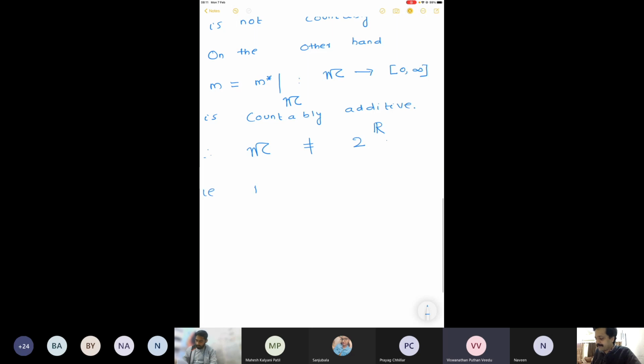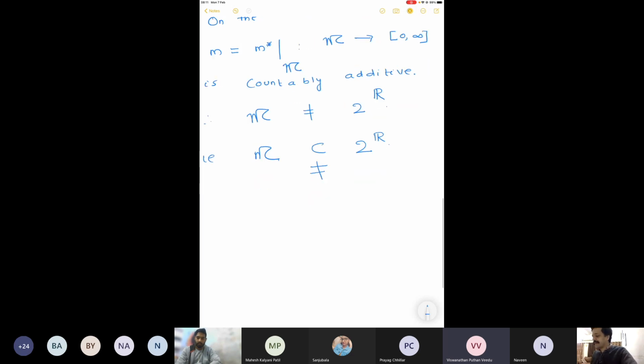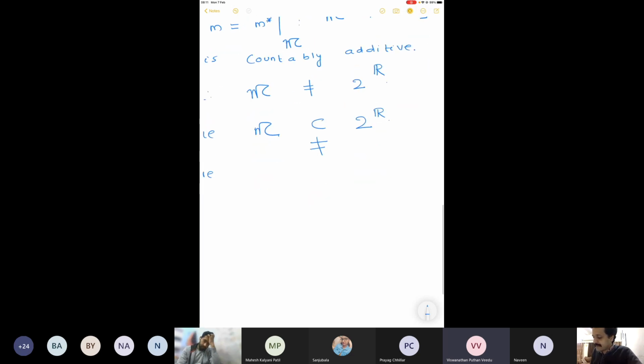That is, script M is properly contained in 2 power R, or that is, there are subsets of R which are not Lebesgue measurable. That is, there are sets in R which are not Lebesgue measurable.